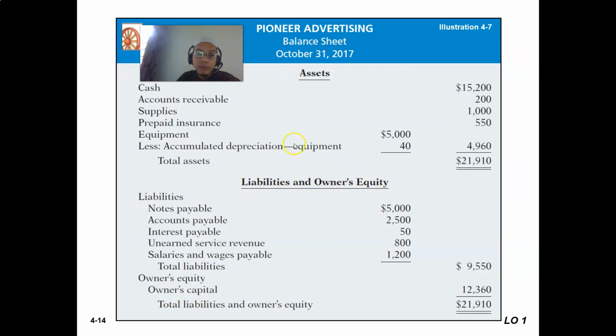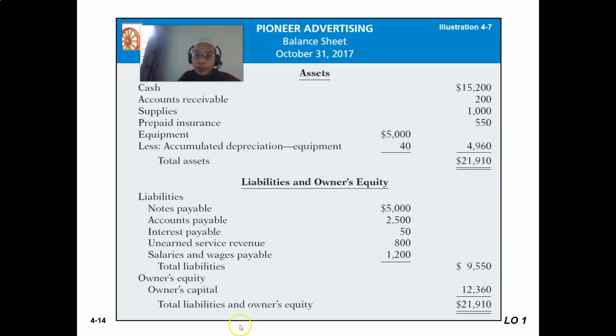We list all the liabilities first, with a title here, liabilities. We list the notes payable, accounts payable, interest payable, unearned service revenue, salaries and wages payable. All of these figures we obtain from the worksheet on the credit side of the balance sheet column.